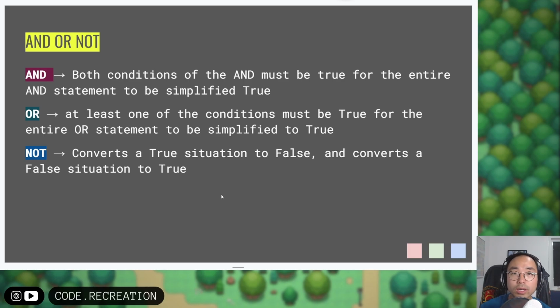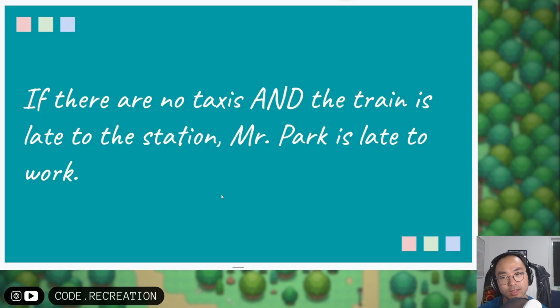Whereas for an OR logical operator, either the left one has to be true, or the right side has to be true, or even both of them being true will simplify the entire statement to be true. And then there's the not operator. It's pretty much the reversal operator. It converts a true situation into false and converts a false situation into true in an overall simplified setting.